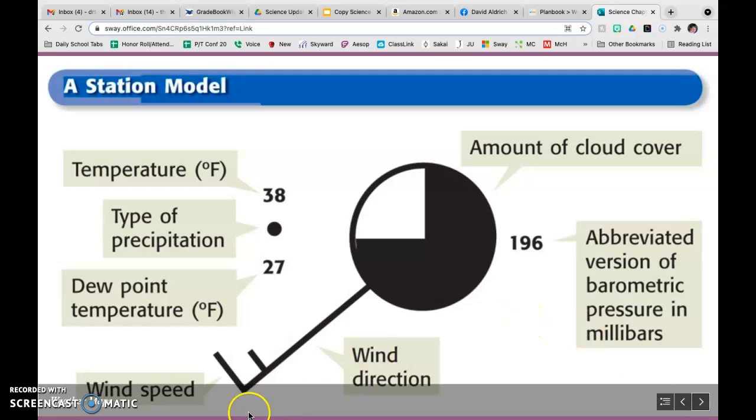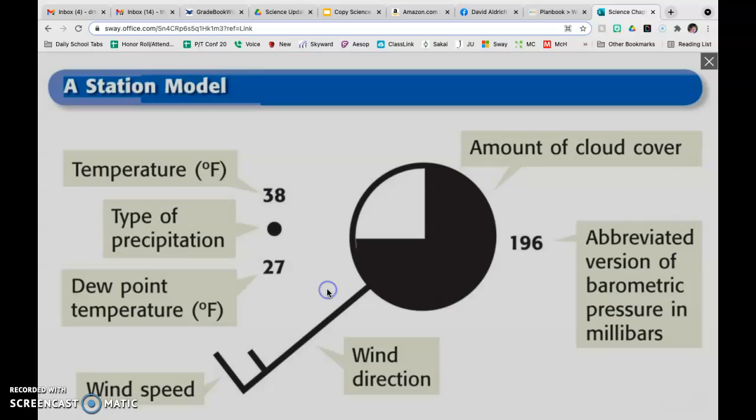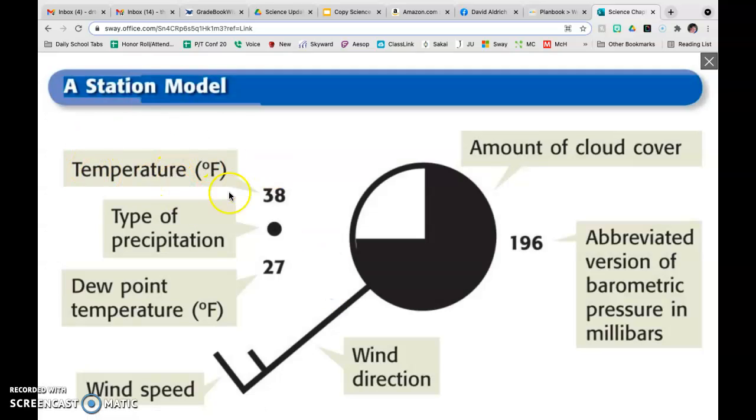So this is a station model. The National Weather Service produces weather maps based on the information gathered from about 1,000 weather stations across the United States. It's always going to show the temperature, normally in Fahrenheit, because that's what we use here in the United States.